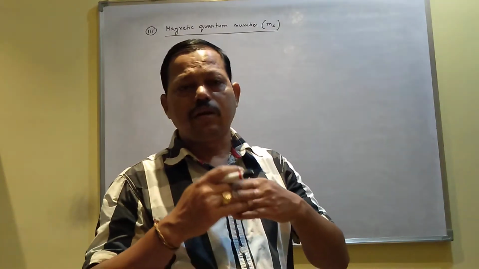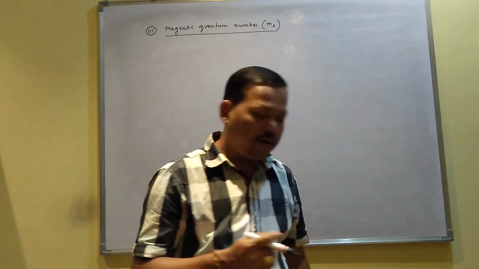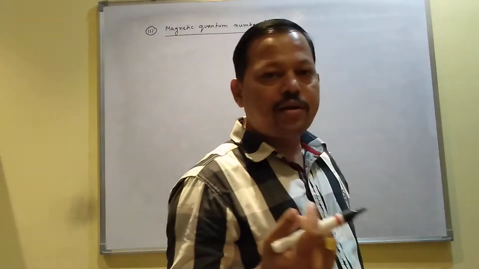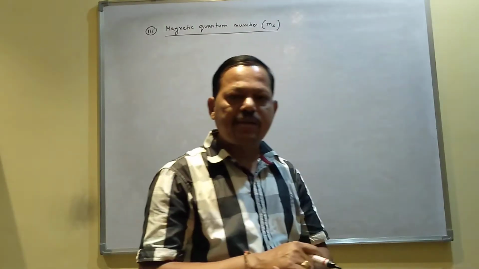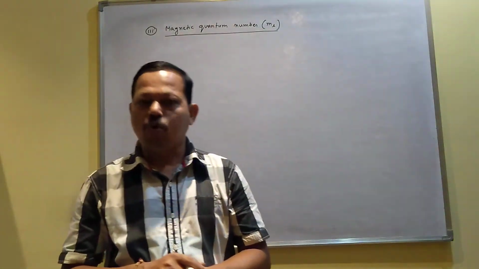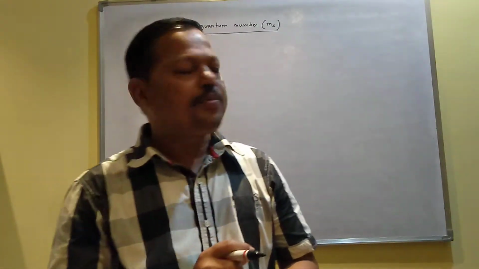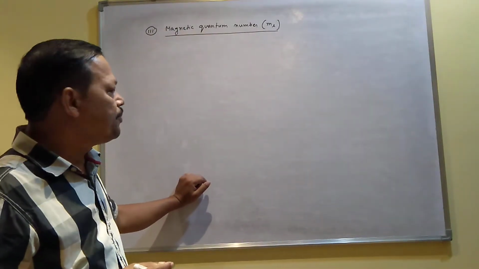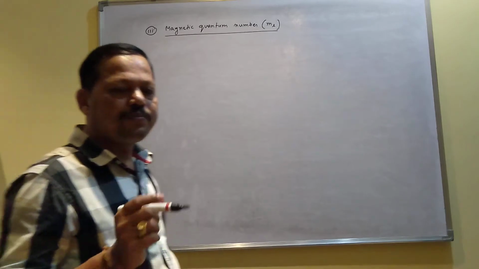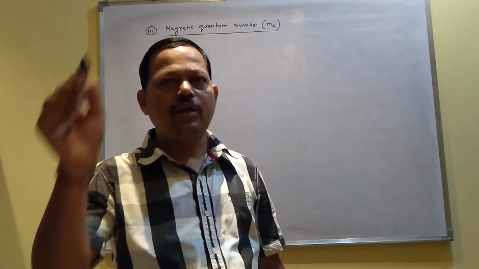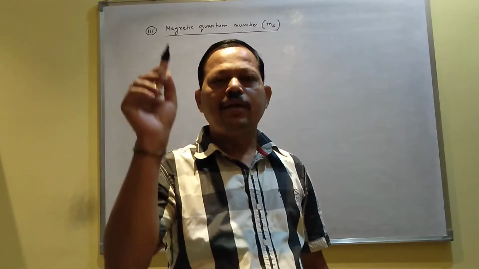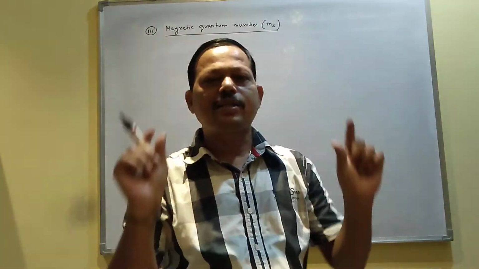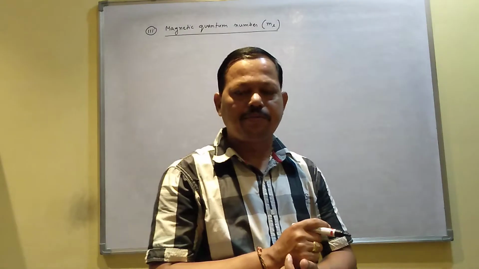The electron which orients in a certain region of space, that space is called an orbital, and this magnetic quantum number represents the orbital. As you know, an atom contains a main shell, inside the shell some subshells are present, and inside the subshell the electrons are present.